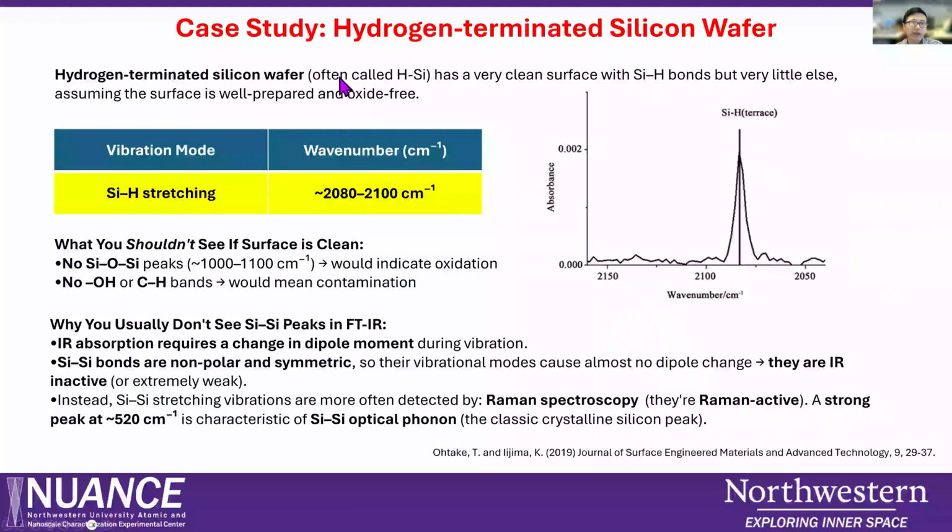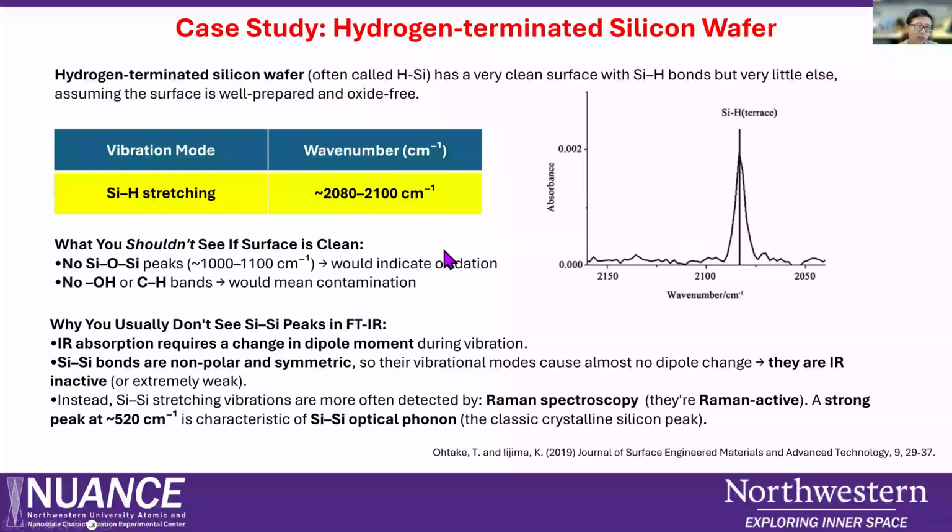So here I will give you a case: hydrogen terminated silicon. For example, in a clean room you make a clean surface, a hydrogen terminated silicon wafer, and then you should only detect the silicon hydrogen peak at around 2100.